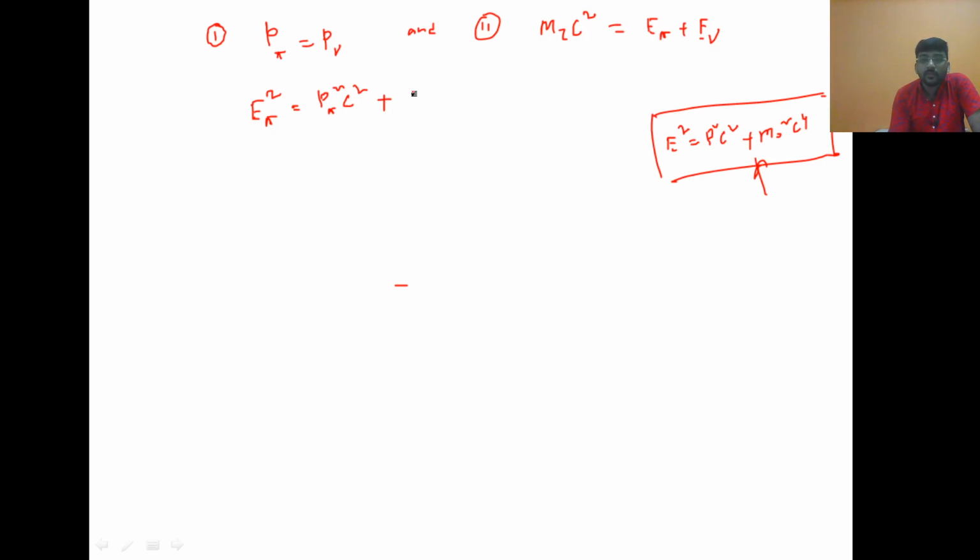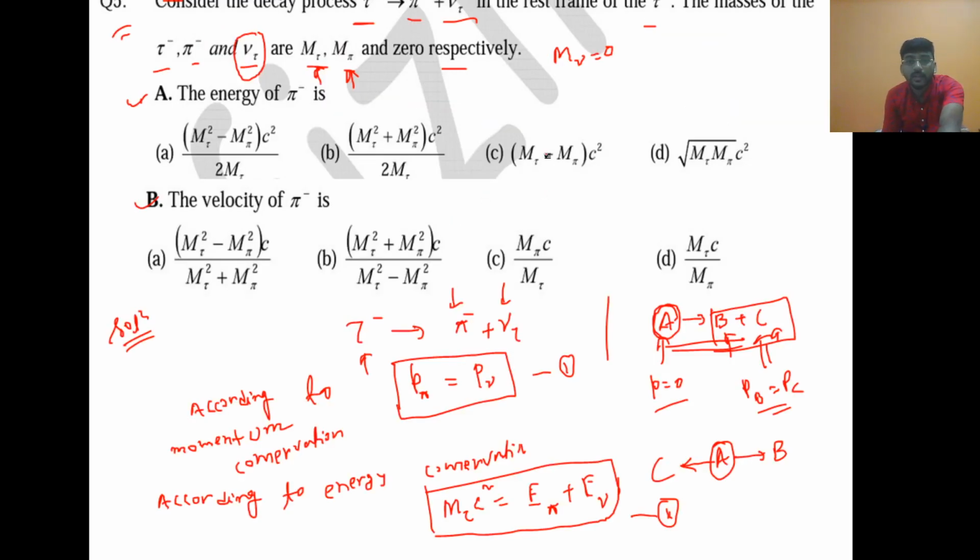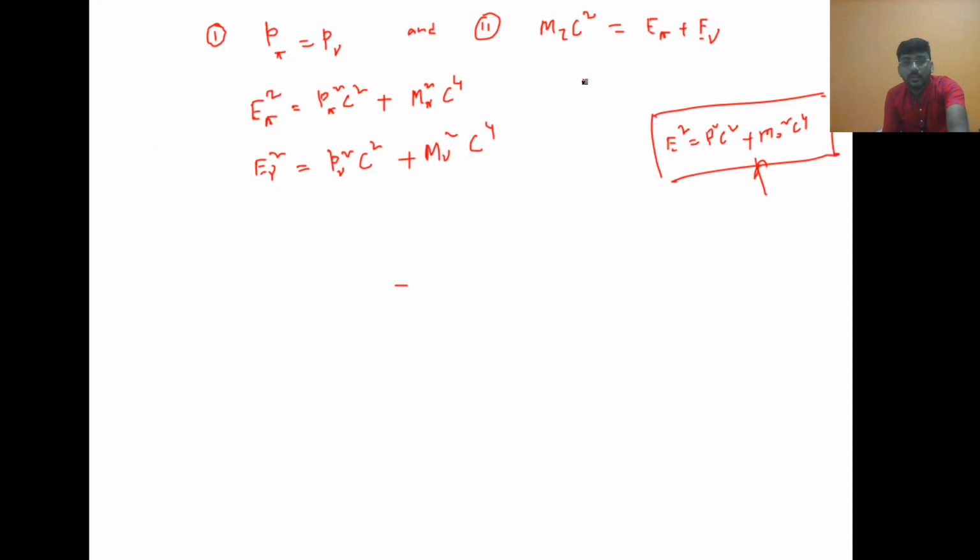Similarly, E nu square will be P nu square c square plus m nu square c to the power 4. But it is given that m nu is equal to 0, the rest mass of nu is 0, so this term will be 0.